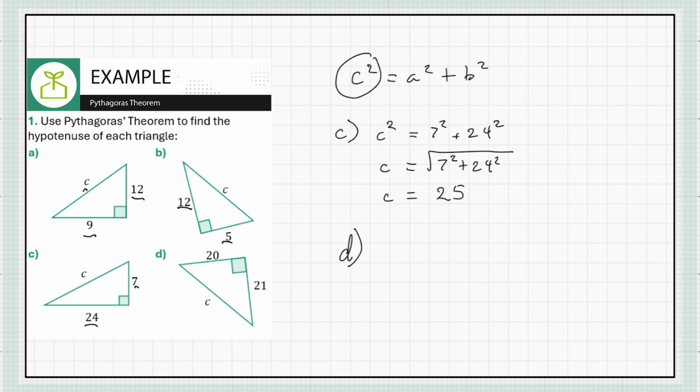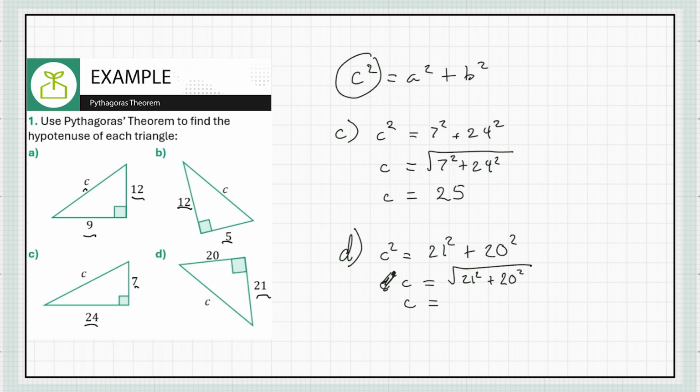We're going to do exactly the same thing for d. So c squared is going to be equal to 21 squared plus 20 squared. Now if you know how to solve these in your head, that's totally fine to do that as well. So again, for this one, c is going to be equal to the square root of 21 squared plus 20 squared, and we're just going to put all of that into our calculator.